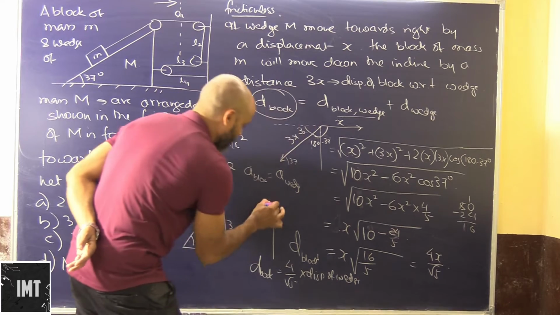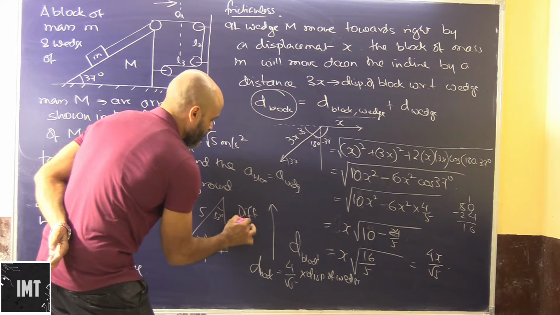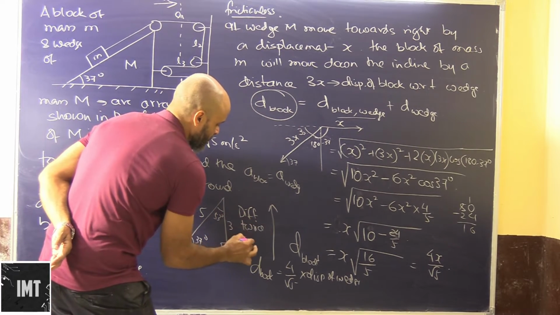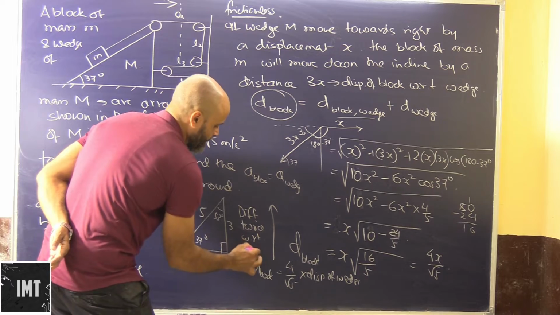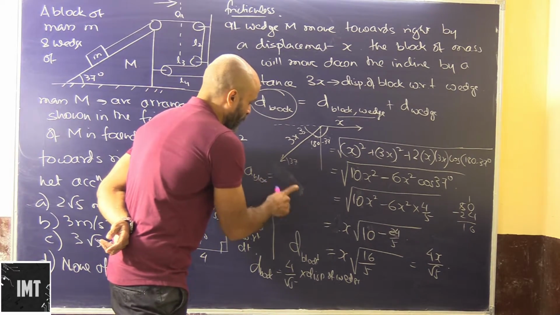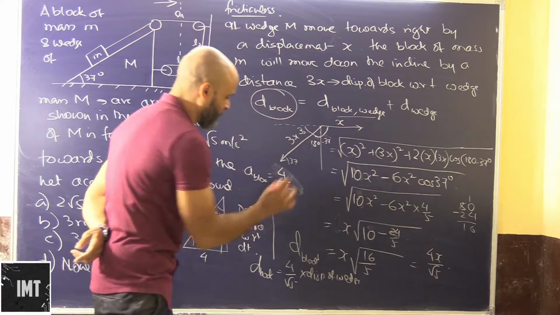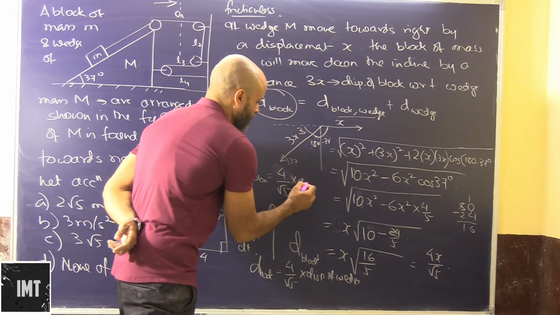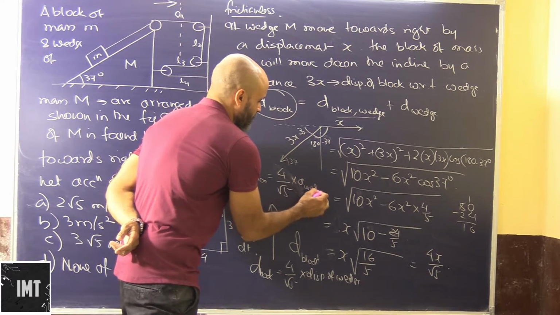Differentiating twice with respect to the same time dt, we get acceleration of block equals 4 by under root 5 times acceleration of wedge.